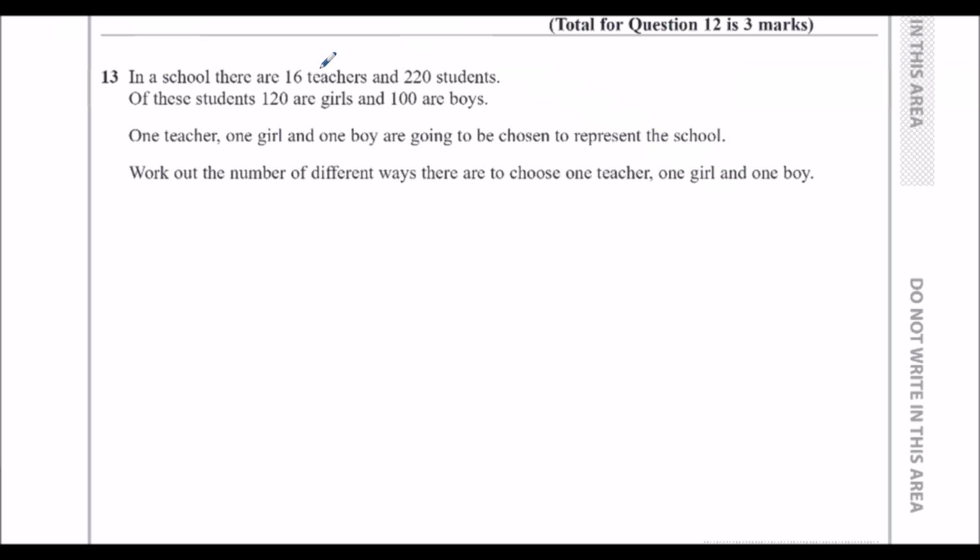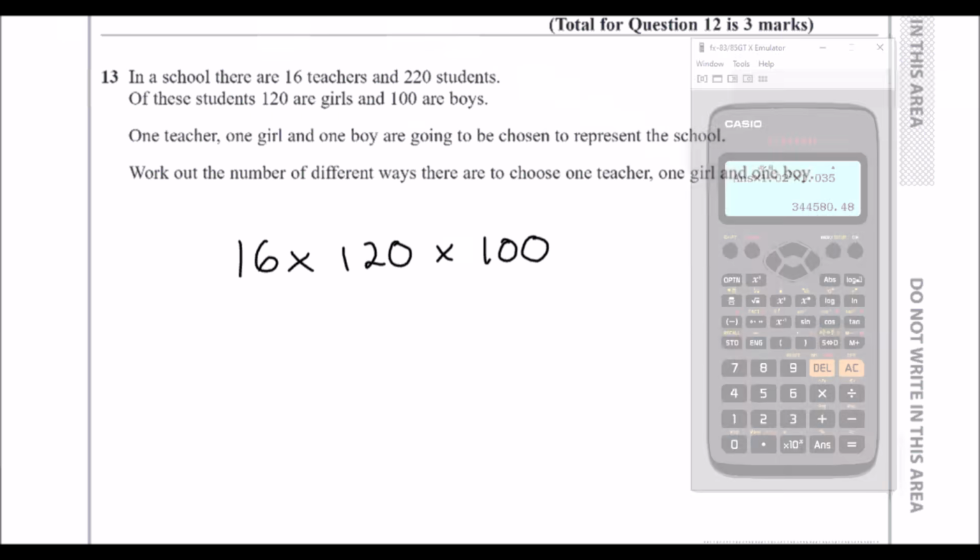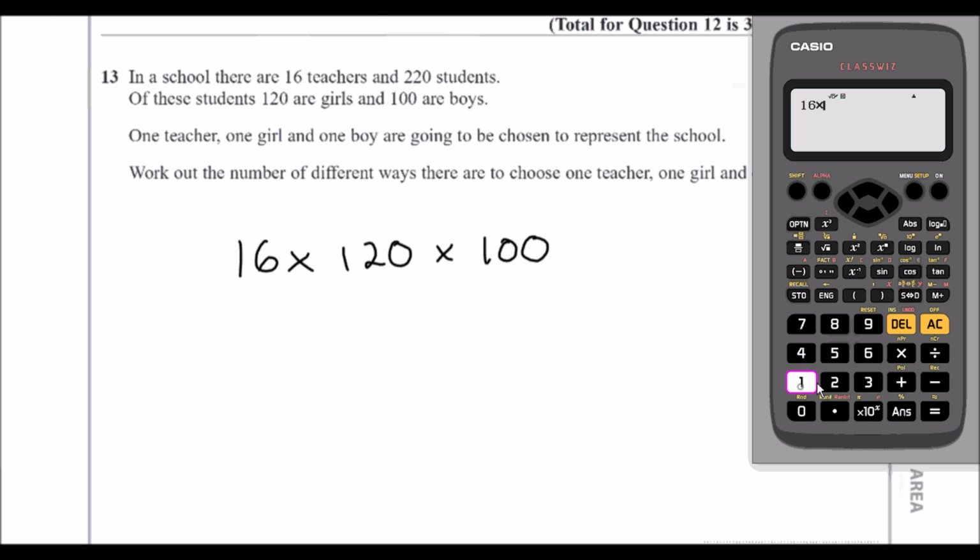So 16 teachers, 120 girls, and 100 boys. So 16 times 120 times 100. So this is a product rule for counting question, and the answer is 192,000.